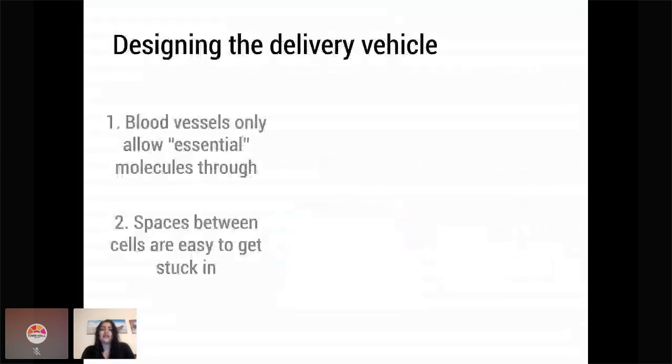Well, what would this look like? Let's think about those two challenges separately. The first one was that the blood vessels are really picky about what they let in, and they only let essential molecules through. But what if we could trick those bouncers at the blood vessels by tagging our delivery vehicle with an essential tag, making them think that what we're carrying is an essential molecule for the brain?